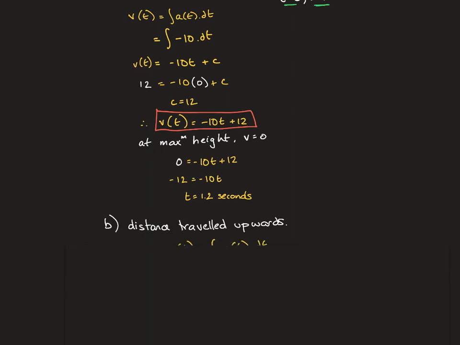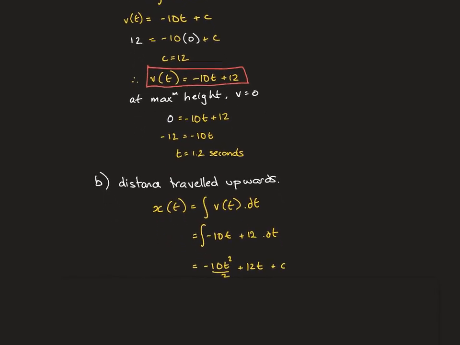The distance travelled upwards we can find by integrating our velocity. Now again, we've got an indefinite integral here, and so when we integrate that, we're going to get a plus c, and we are going to need some information from the question to help us to find that value of c.